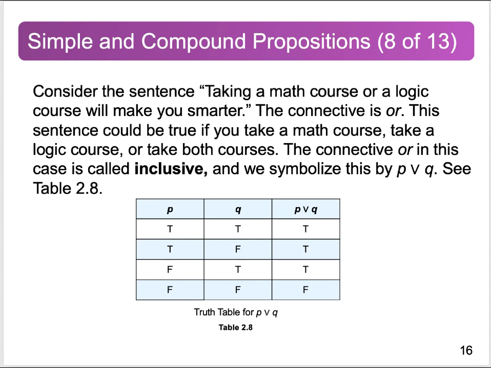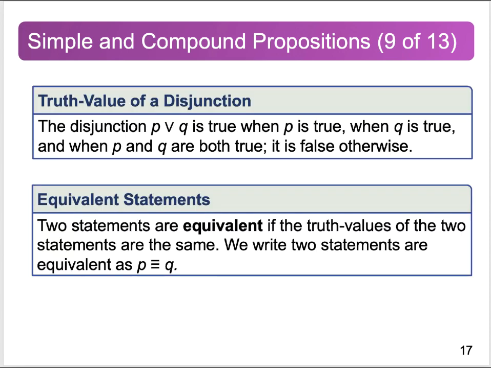True or false would overall be true. False or true would be overall true. But two false statements would be false, because if you say something that's false or something else that's false, you haven't said anything true, so your or statement would be false. So here, this summarizes the disjunction. P or Q is true as long as one of them is true.